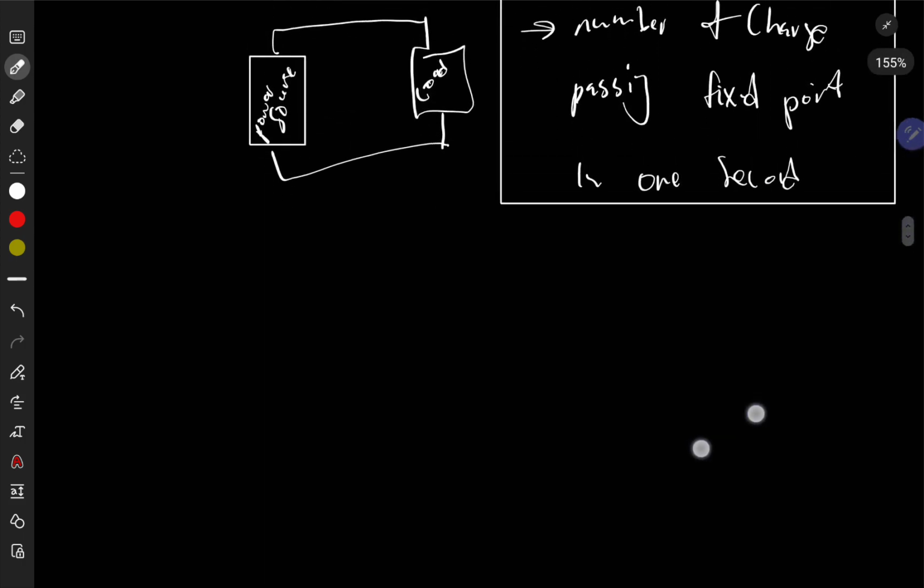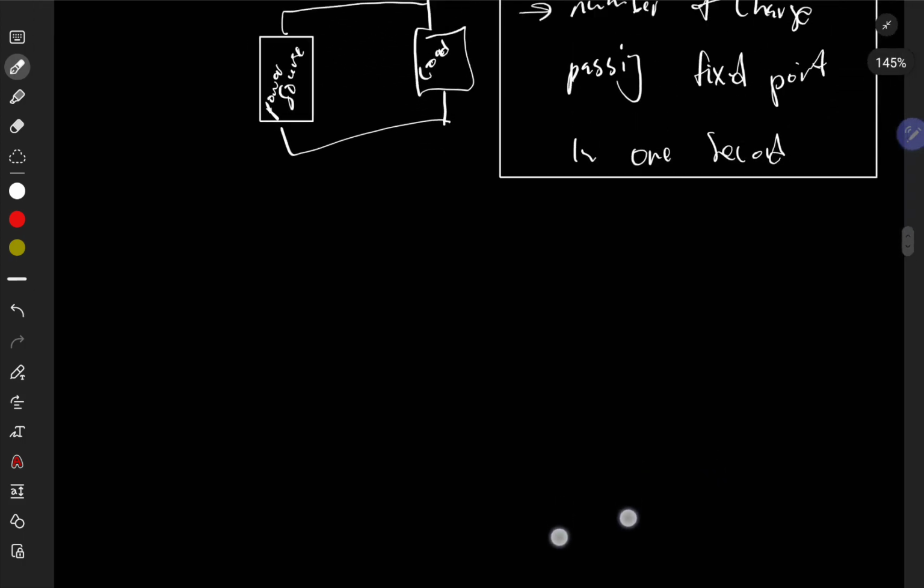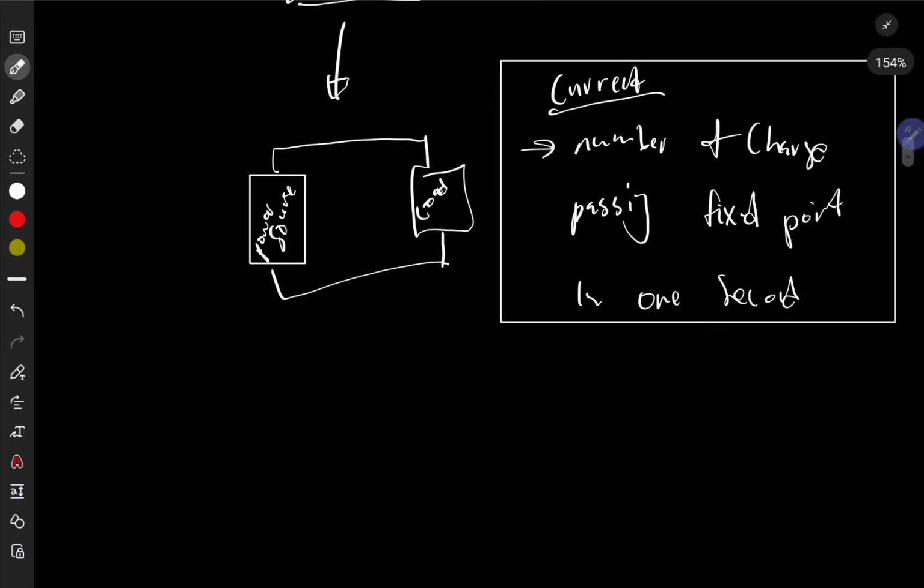So we know what current is now. Also, I have to mention that this is the symbol for current. Current is the rate of flow of charge per time, so this is our formula, I equals Q over t.